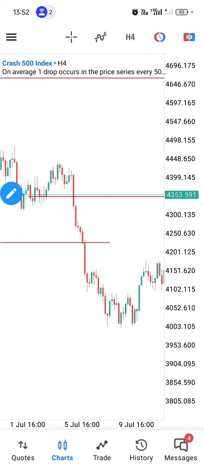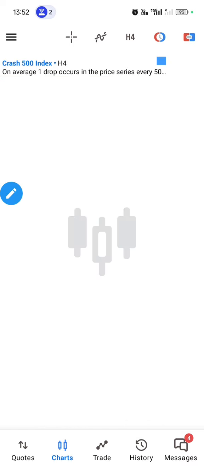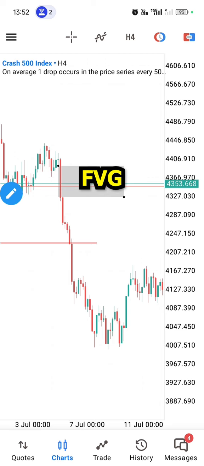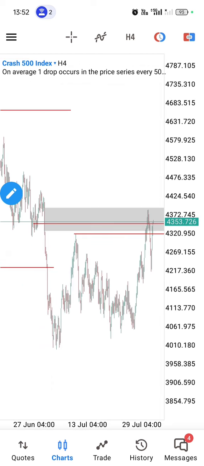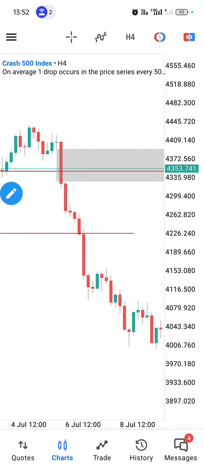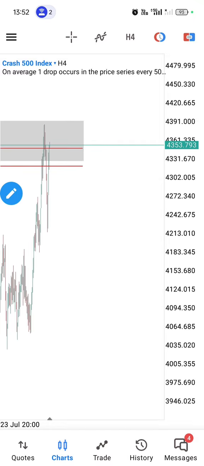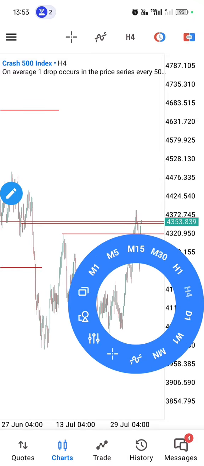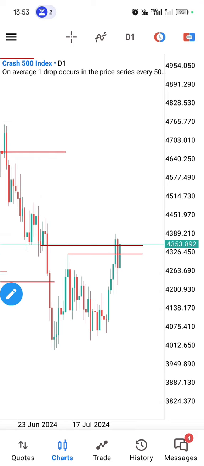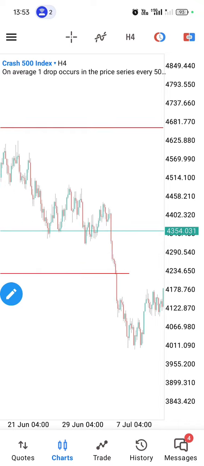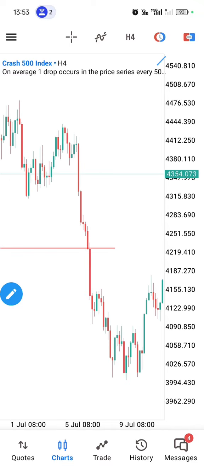So I think right now it's retesting, and the reason it's retesting, okay, so you can see there's a fair value gap right there on the 4-hour. Price filled it where we already covered the fair value gap. And on the 4-hour again, you can see the 4-hour fair value gap. Inside the 4-hour fair value gap, there is also the 4-hour order block right above it.